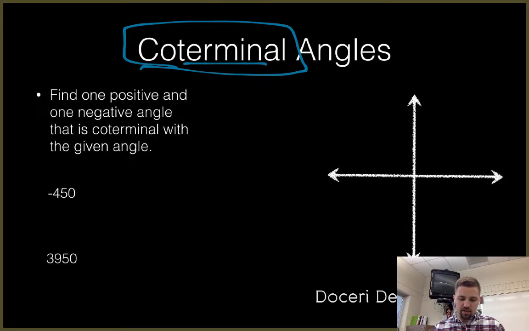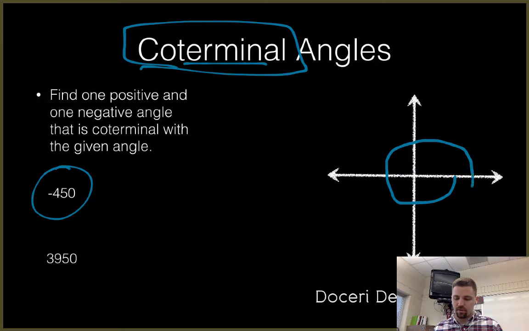Our first angle here is negative 450. Let's just draw that in first. So negative 450 would go like this. There's negative 90, negative 180, negative 270, negative 360, and then add another 90. So that'd be negative 450 right there. So this angle, negative 450, looks like this.